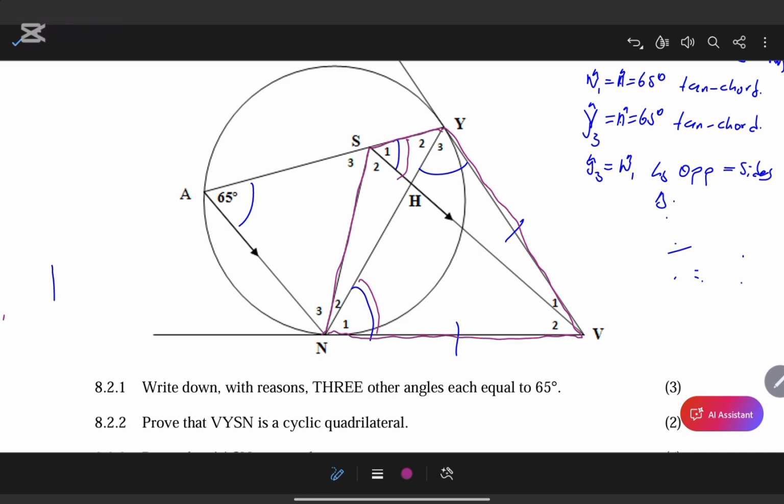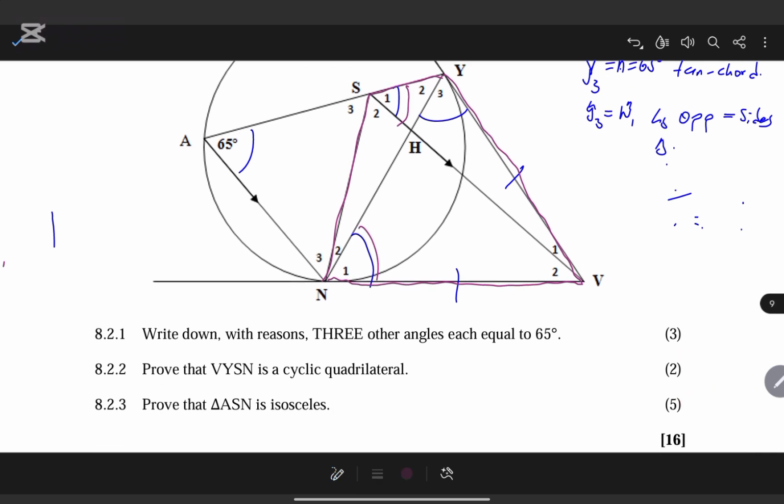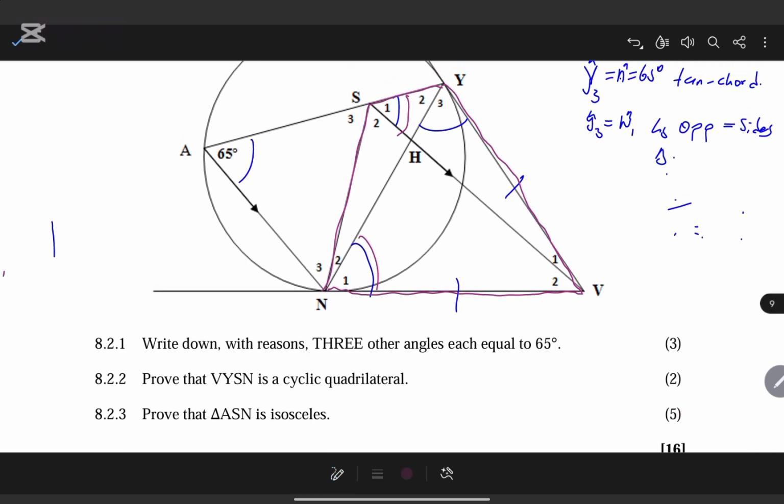So let's see how we're going to write that. I simply say angle S1 is equal to angle N1. Why? This was proven. It was proven in 8.2.1.